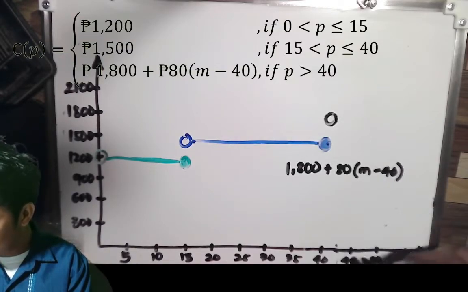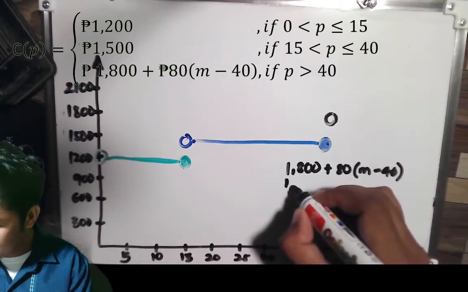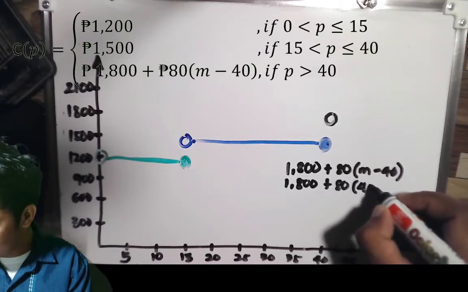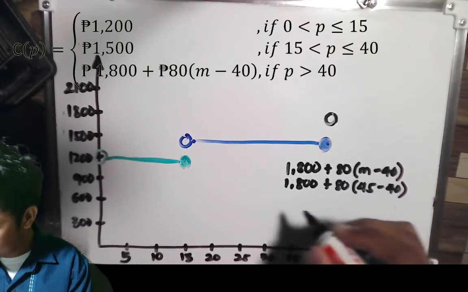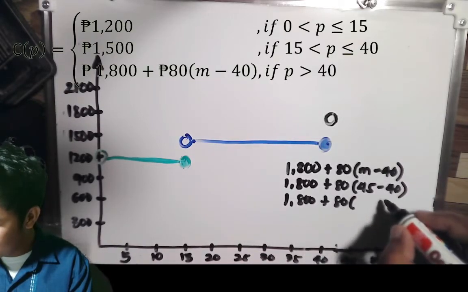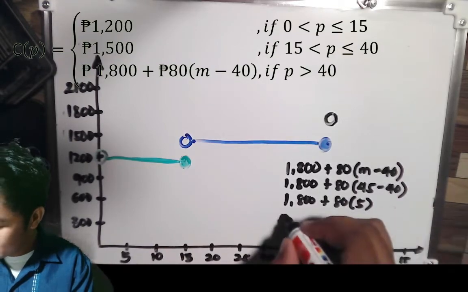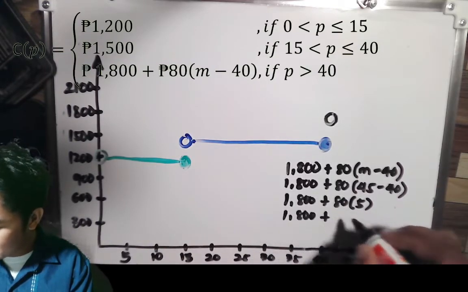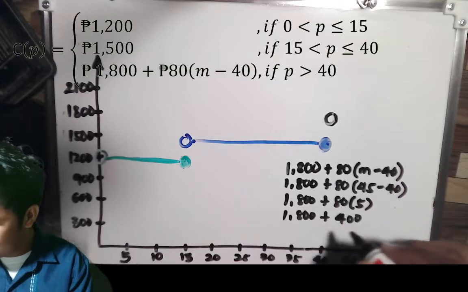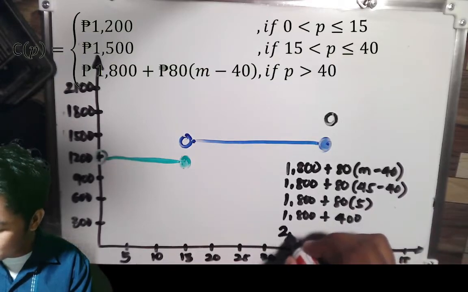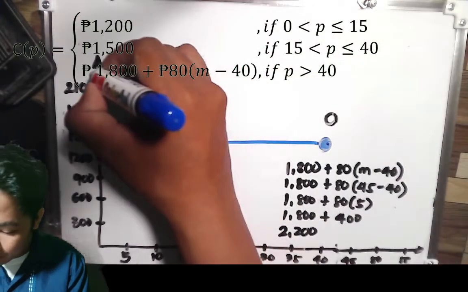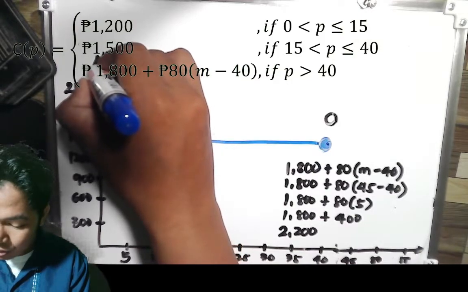Since gagamitin natin ay 45, so 1,800 plus 80 times 45 minus 40. So 1,800 plus 80 times 5. So 1,800 plus 80 times 5 is 400. So therefore, 1,800 plus 400 is 2,200.